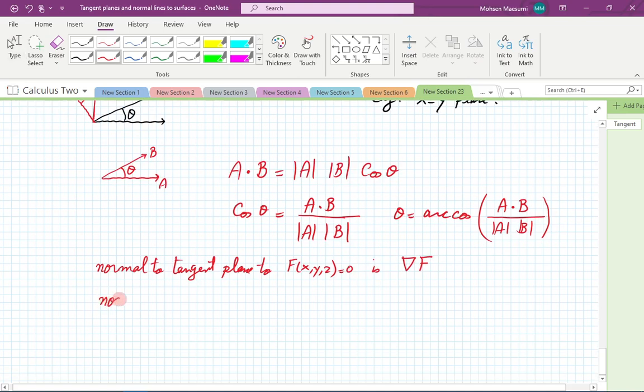Now if you have another surface, in this case the xy plane, you go ahead and find the normal to that.